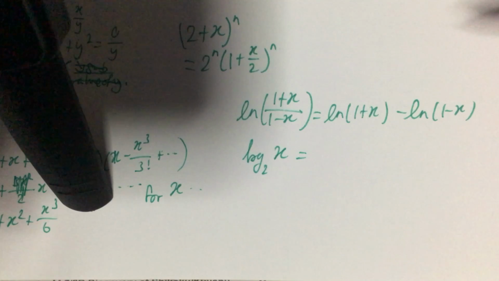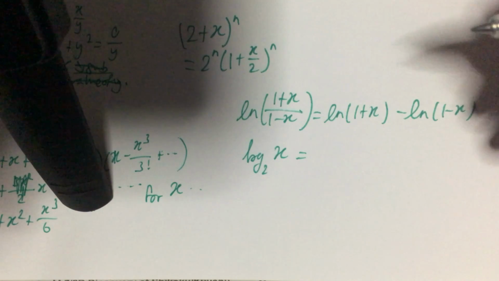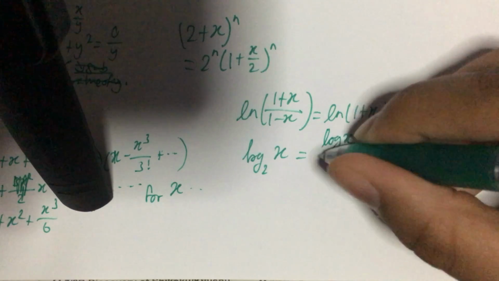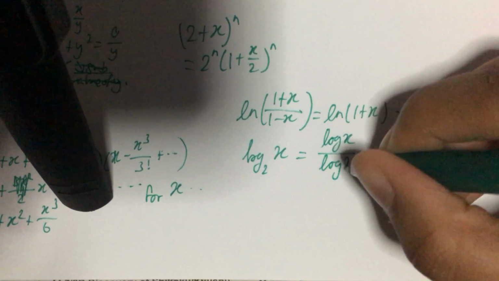Like if you have a quotient, you do this minus that. If it's a multiplication, it's this plus this, and so on and so forth. If it's a power, then you bring the power in front as a coefficient. And if it's something like log base 2 or log base 3, there is a formula to actually convert it into ln. I think if you do not know this yet, it would be very helpful to know it.